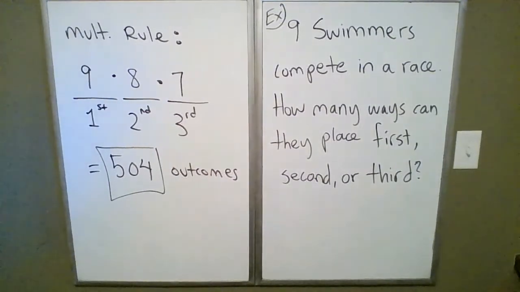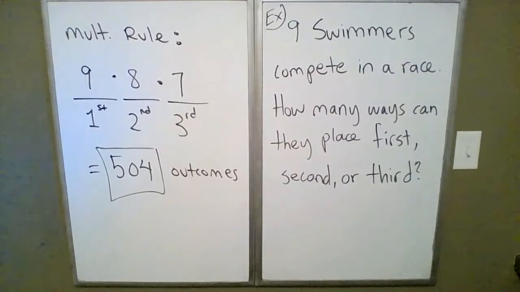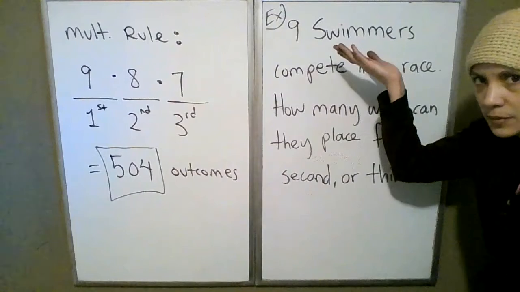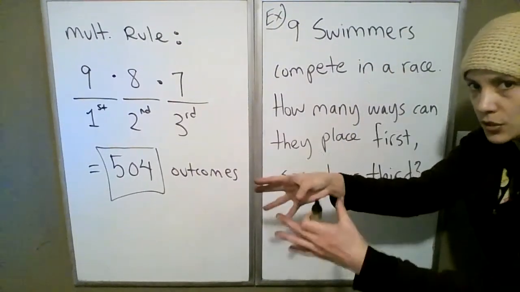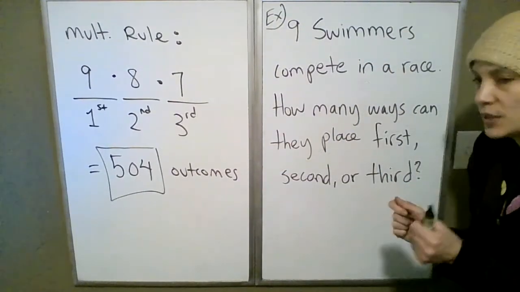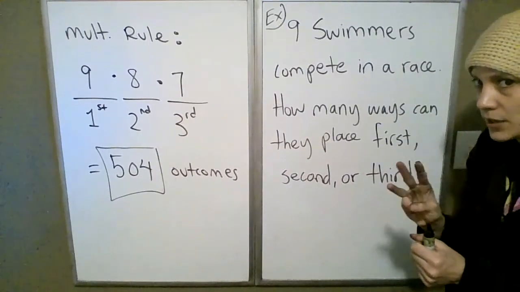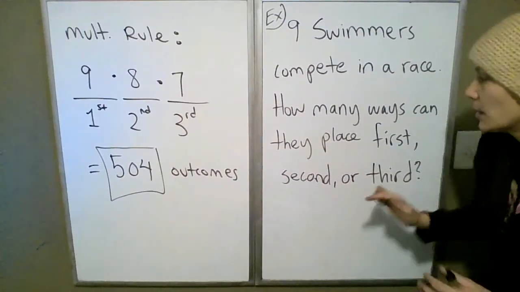Okay, the other way is with permutations. You have a set of 9 people. From those 9 people, we're going to choose 3 people. And we're choosing them in an order. We're going to choose first place, then second place, then third place in that order.